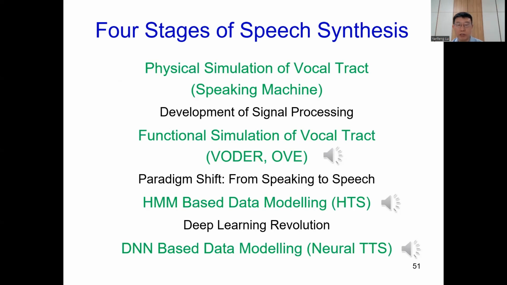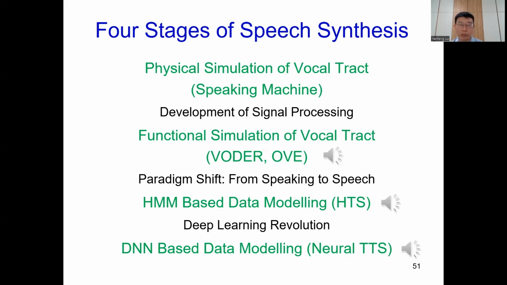After signal processing, engineers had a new way of simulating the human vocal tract. Compared with the original physical simulation, this is a functional simulation. The typical examples we talked about are VODER and OVE.